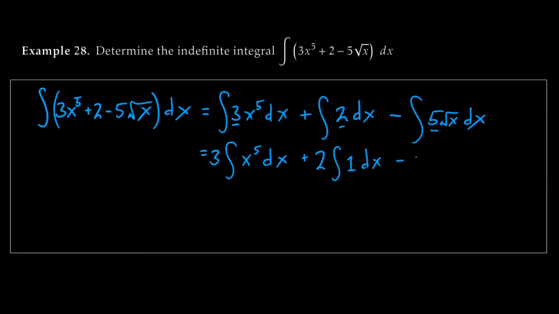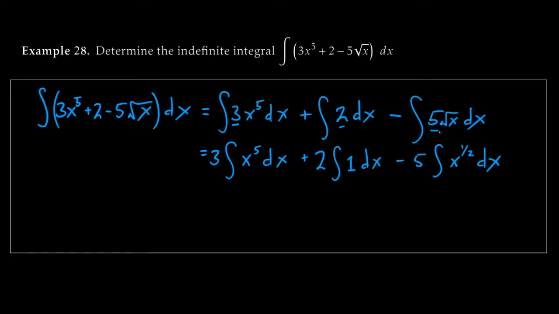Minus 5 times the integral of the square root of x dx. And just to save myself a step, I'm going to write this as x to the 1/2 dx, just because the square root of x is x to the 1/2, and I'm going to find it easier to have this exponent there instead of writing it as a square root.